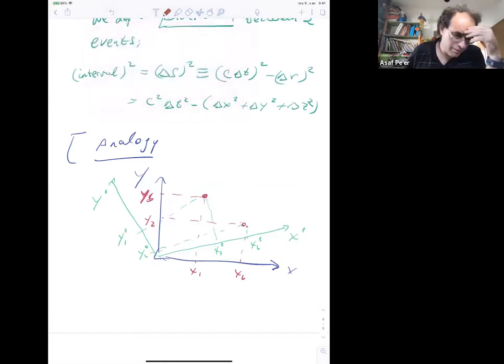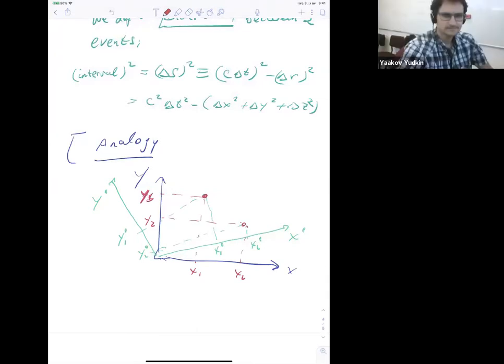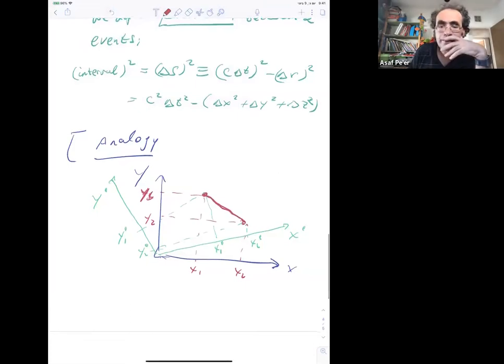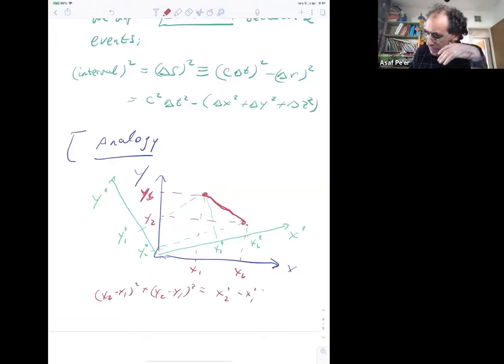But what is conserved? The distance. x2 minus x1 squared plus y2 minus y1 squared is the same as x2 prime minus x1 prime squared plus y2 prime minus y1 prime squared.